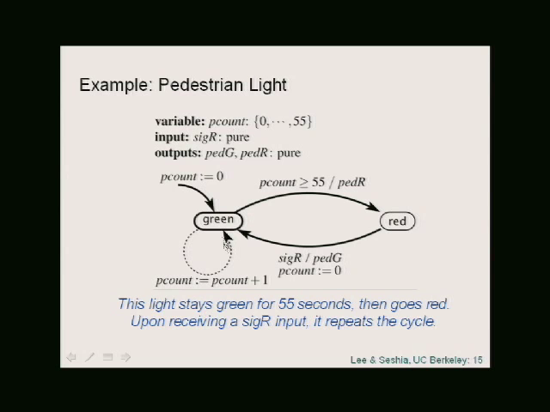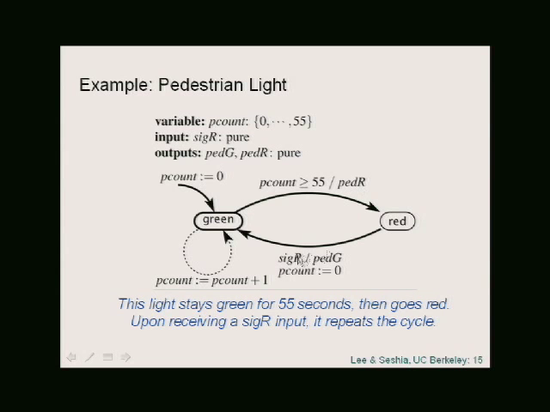Okay, so the idea here is you initialize the count to 0 when you enter the state green, and you stay in the state green until the counter has expired. So it passes 55. When it expires, you output ped R, indicating the light is going red. You move to the state red, and then you stay there as long as the car traffic light doesn't turn red. When that turns red, you go back to the green state, reinitialize the count, and the process continues.